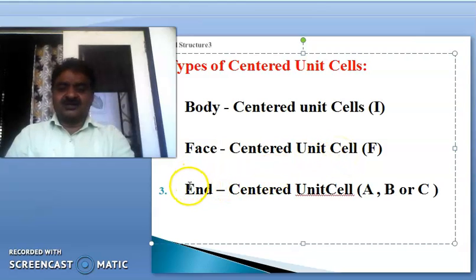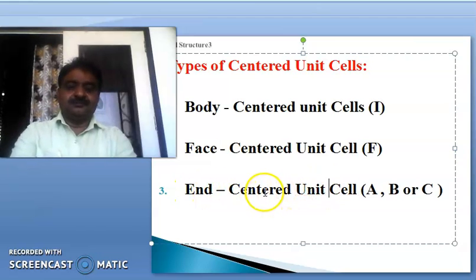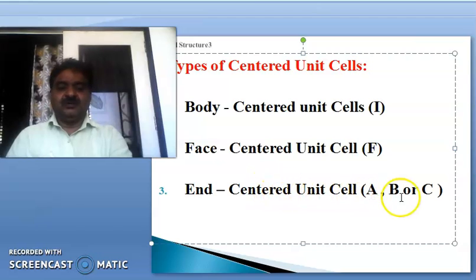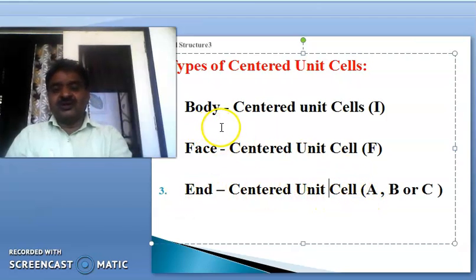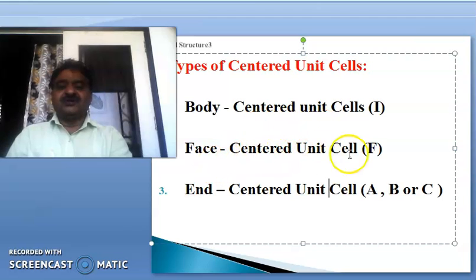And next one is end centered unit cell, A, B or C. So these are the various types of centered unit cells. You can remember BCC, body centered unit cells, FCC, face centered unit cells, and end centered unit cells. What about the body centered unit cells? What about face centered unit cells, end centered unit cells?